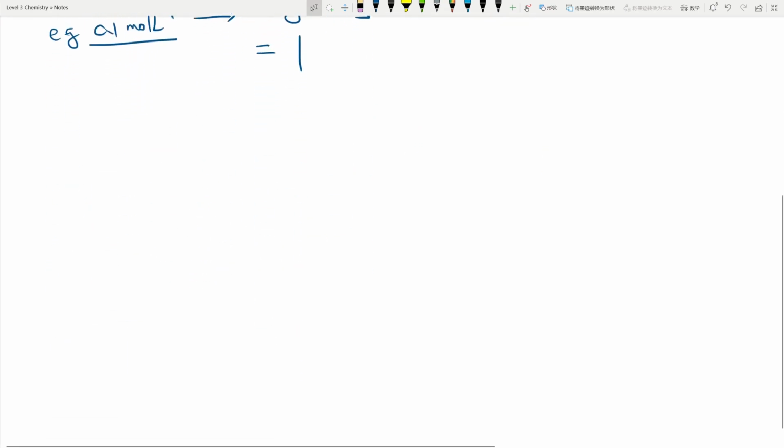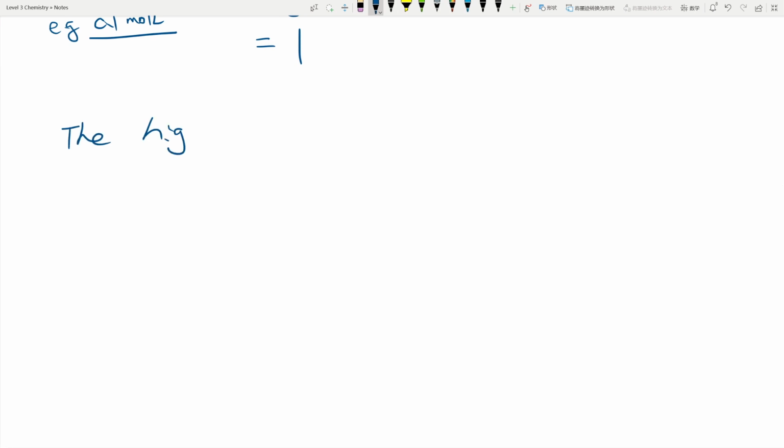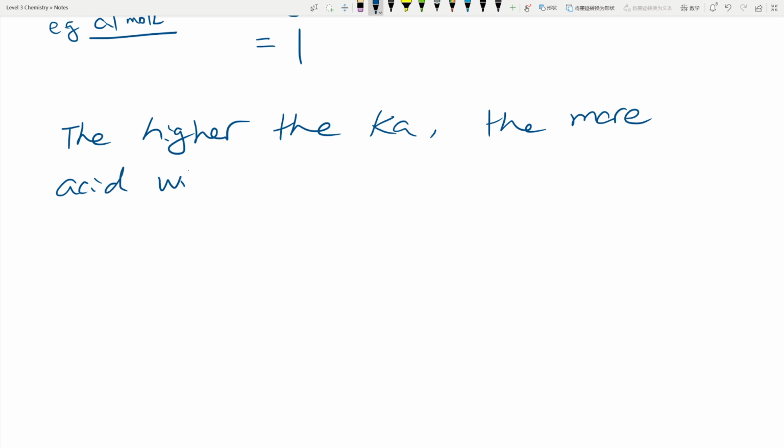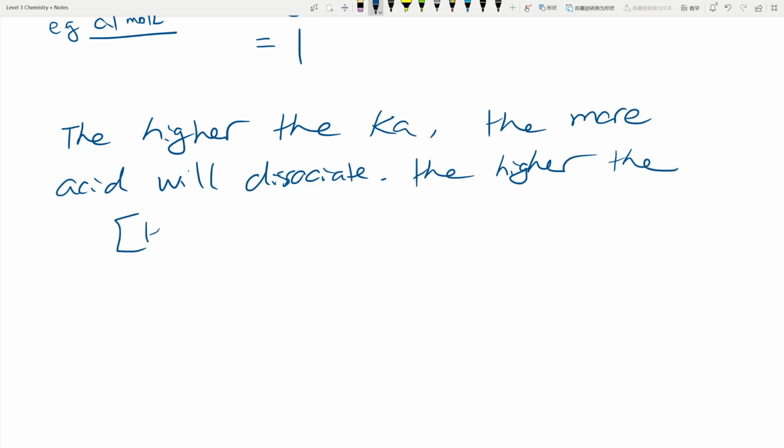Just remember this: the higher the Ka, the more acid will dissociate, and the more acid will dissociate, the higher the concentration of H3O plus, therefore the stronger the acid.